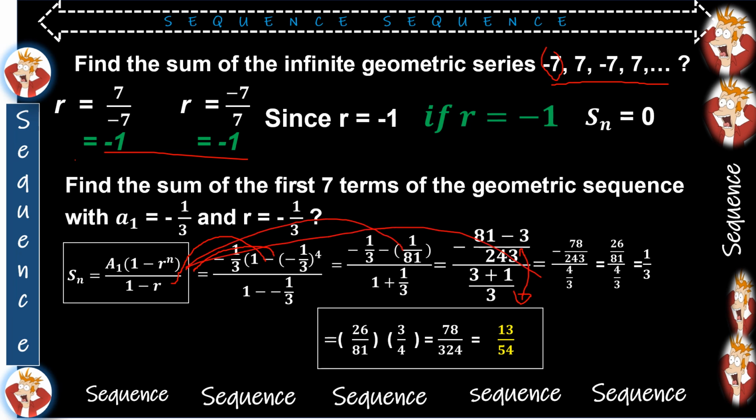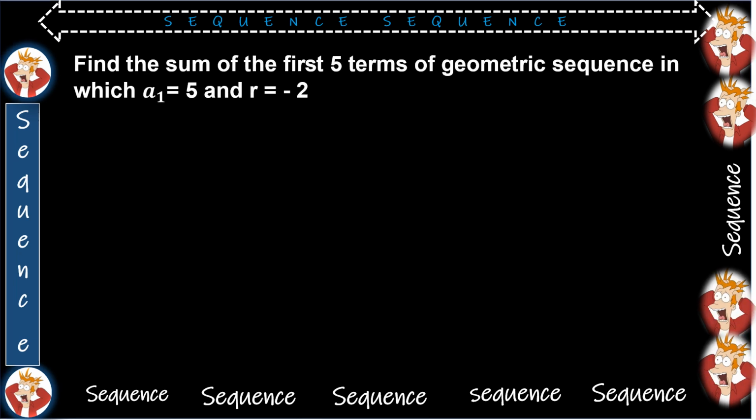For the next problem, we're going to find the sum of the first 5 terms of the geometric sequence in which a sub 1 is equals to 5 and r is equals to negative 2. So, ang given lamang po dito is a sub 1 at yung kanyang ratio na negative 2. Pero, in-identify niya rin po na meron tayong 5 terms.